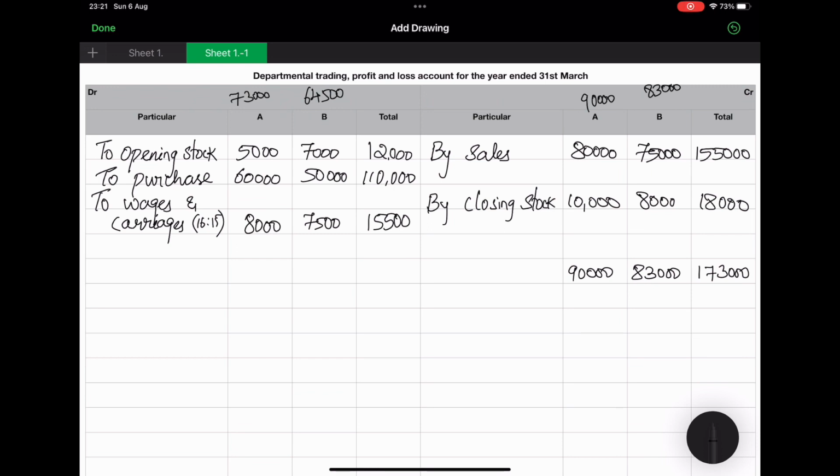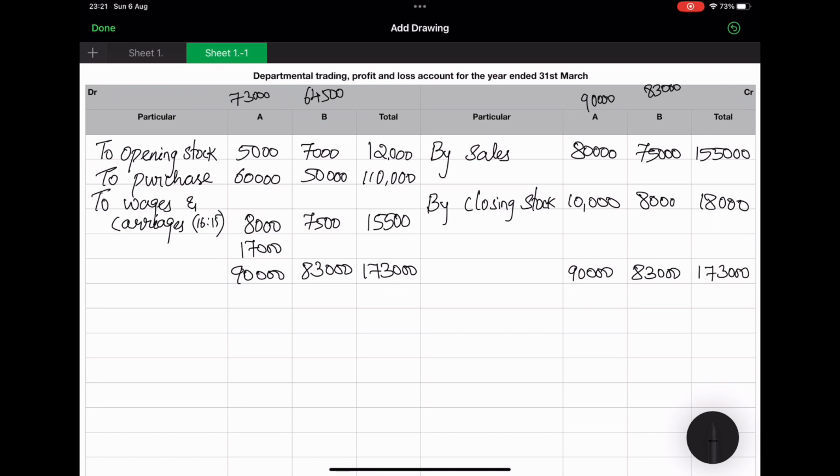So which side value is higher? No, that side value we are going to write it in both the sides. Okay, 90,000, 83,000, 1,73,000. So if we minus 90,000 with 73,000, we are going to get 17,000.